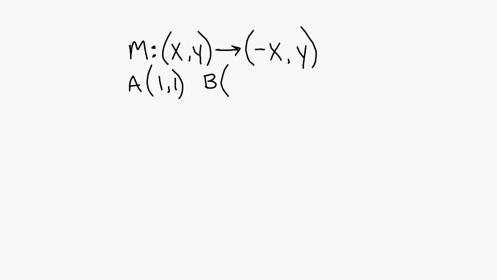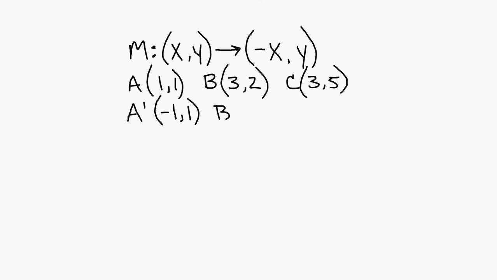B is at 3, 2. And C is at 3, 5. So A prime: the rule says multiply x by -1 and leave y the same. So it would be -1, 1, right? And B prime would be located at, and C prime.